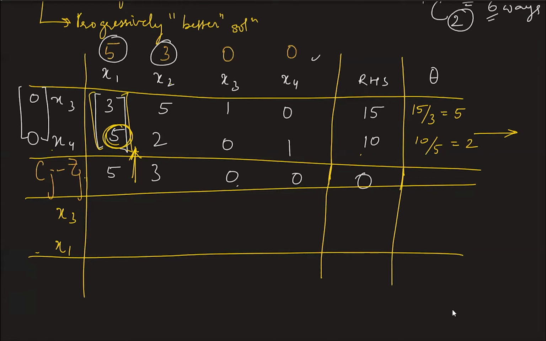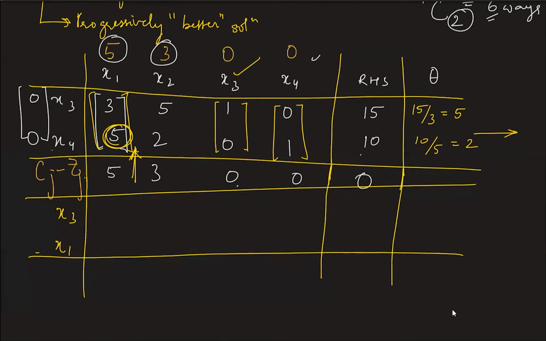And basically, if you see, whatever the variables we are solving for have an identity type column matrix. So in the first iteration, we solved for x3. It had a 1, 0. Likewise, x4 had 0, 1. So the basic variables must have an identity column.